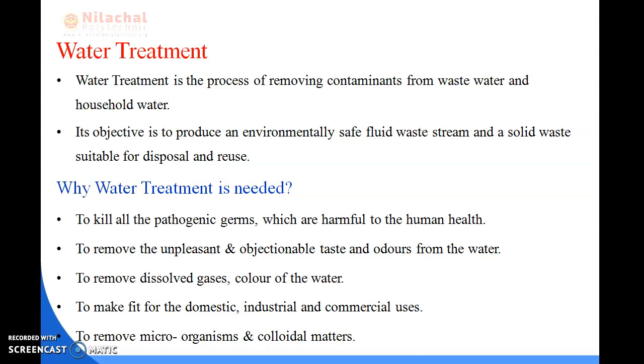Okay, so we will do the water treatment mainly to kill all the pathogenic germs which are harmful for our health, and to remove the unpleasant taste and odor from the water, and make feed for the domestic, industrial, commercial and residential purposes, and to remove the dissolved gases, color of the water, and to remove the microorganisms and the colloidal matters from the water.